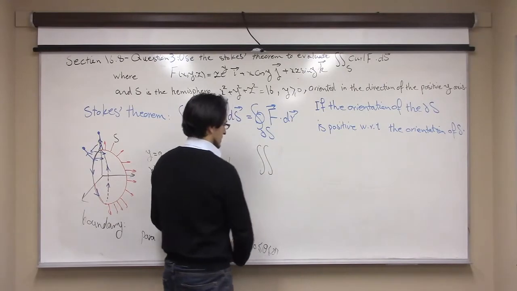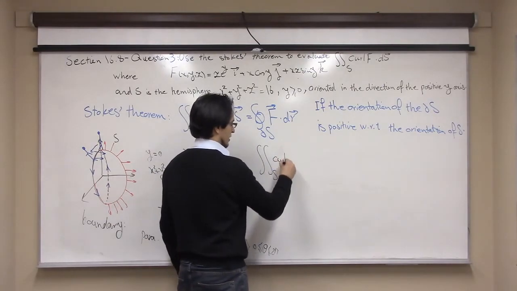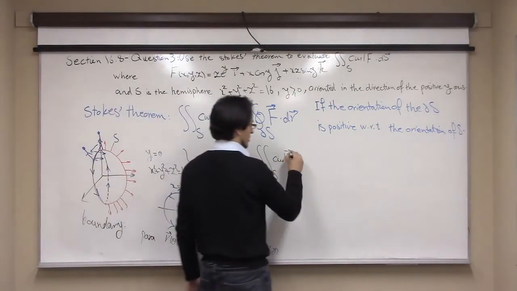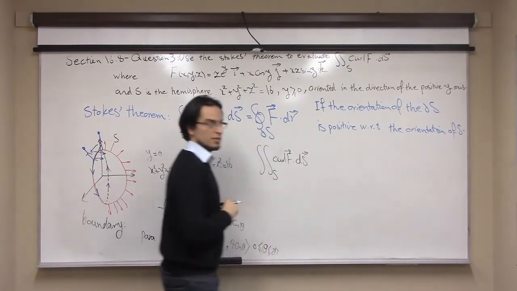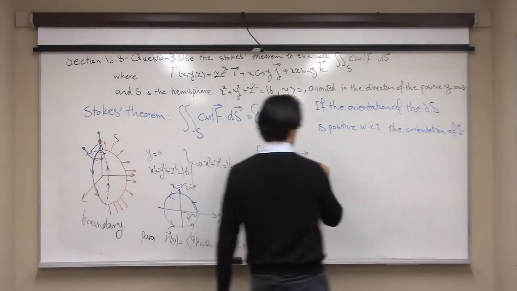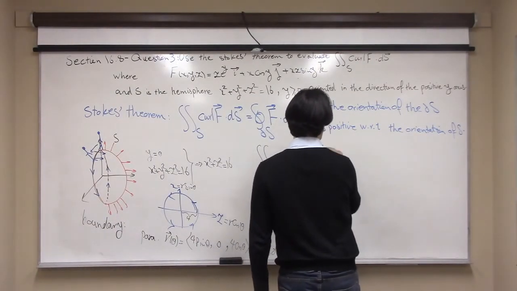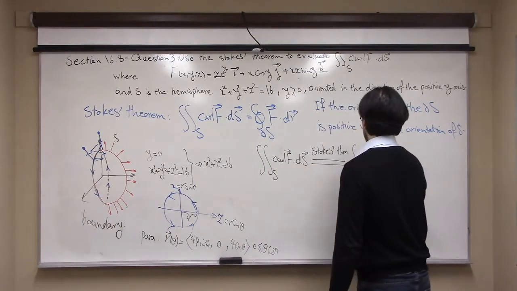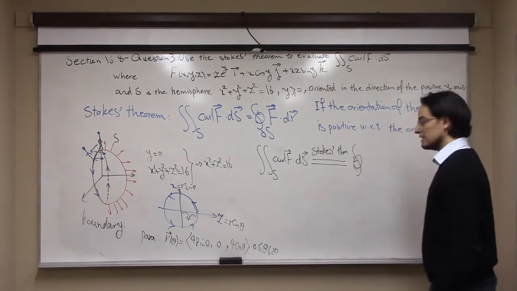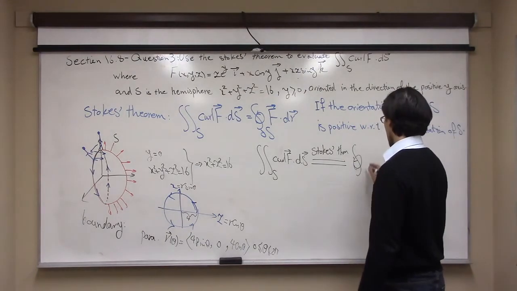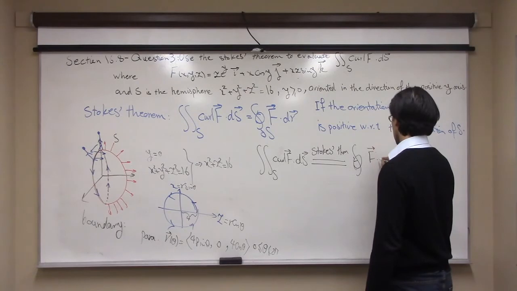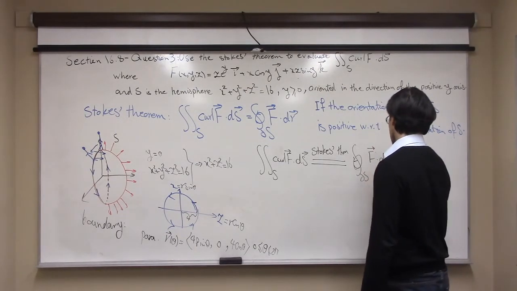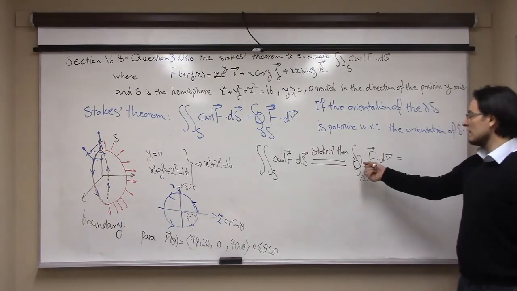Now we can use Stokes' theorem. Stokes' theorem says that if you're trying to find the surface integral of the curl of F on a surface S, you can do it by finding the line integral of F itself along the boundary of the surface. But how do we evaluate line integrals?